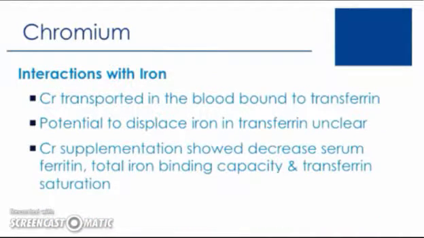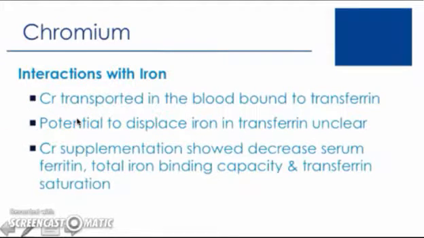We have seen relationships and parallels between chromium and iron. So we do see, as a result, some interactions with iron. So chromium is transported in the blood bound to transferrin. However, the effect of chromium bound to transferrin on iron's ability to bind to transferrin is unclear at this point. So the potential for chromium to displace iron in transferrin is unclear at this point.